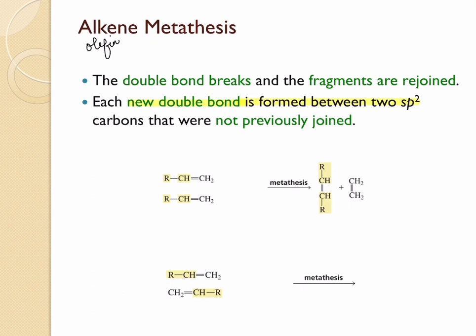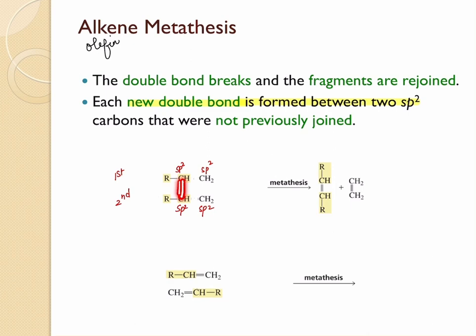Here is an example for the alkene metathesis reaction. This is our first alkene molecule, and this is our second alkene molecule. And let's label the sp2 carbons here. These are all our sp2 carbons. We are going to break these two double bonds here, and we are going to unite the two sp2 carbons together.